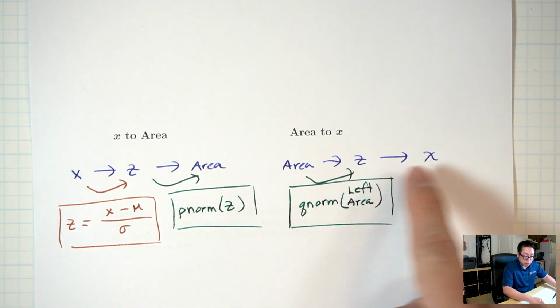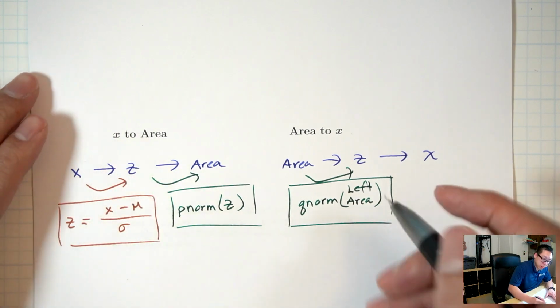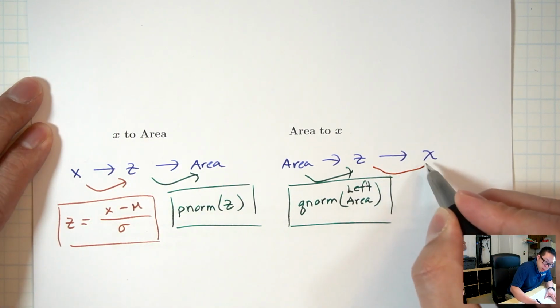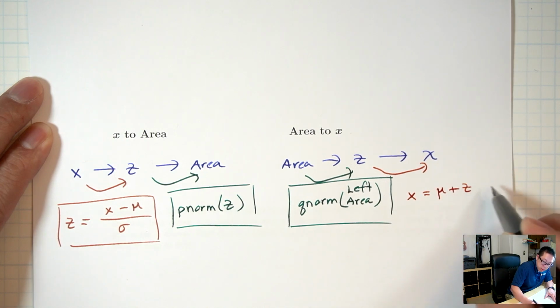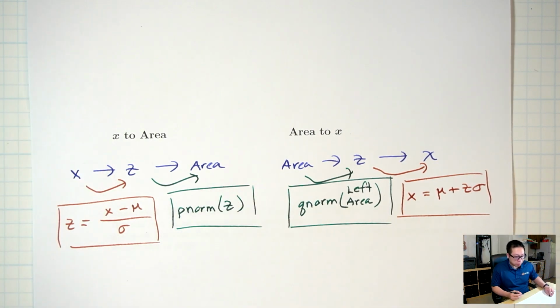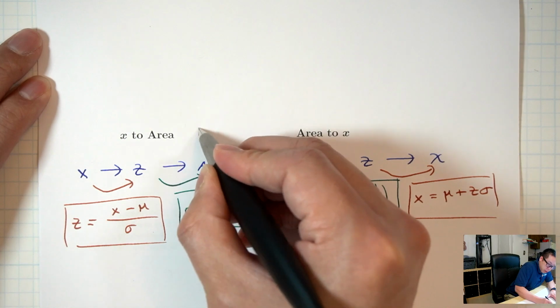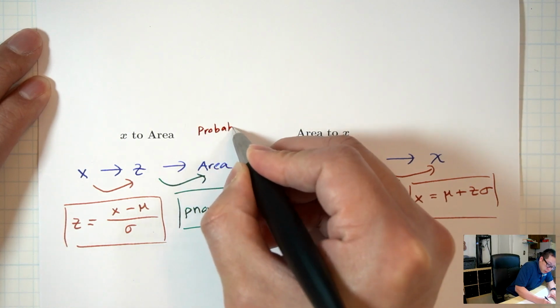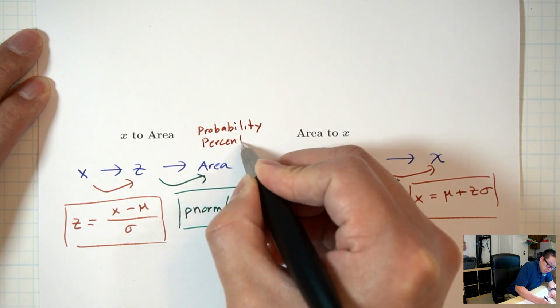And then to go from z to x, we do the inverse version of the z-score formula, and that is x equals the mean plus z times the standard deviation. And remember, when I say area, I'm referring to probability, percent, or proportion. So all of those things mean area.